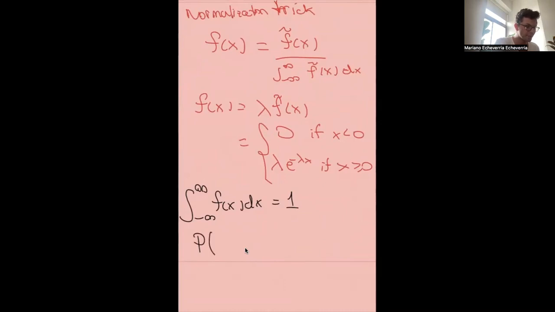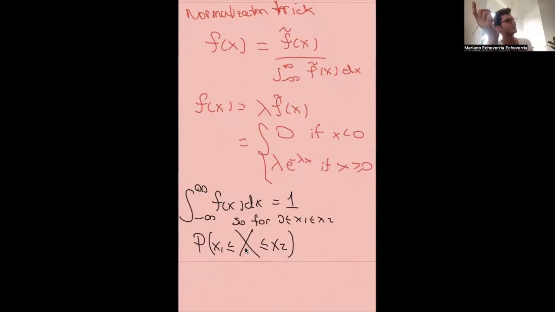So the probability for the random variable to take values between x1 and x2, let's say that they're both non-negative, because otherwise it would be a little bit silly, because we already know that it never takes negative values, right?